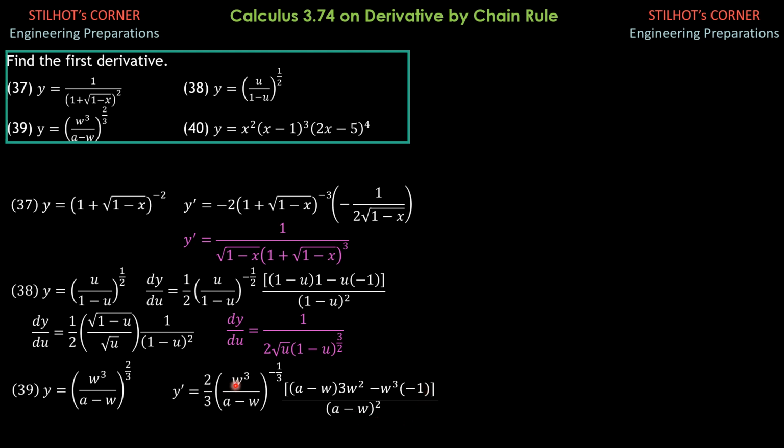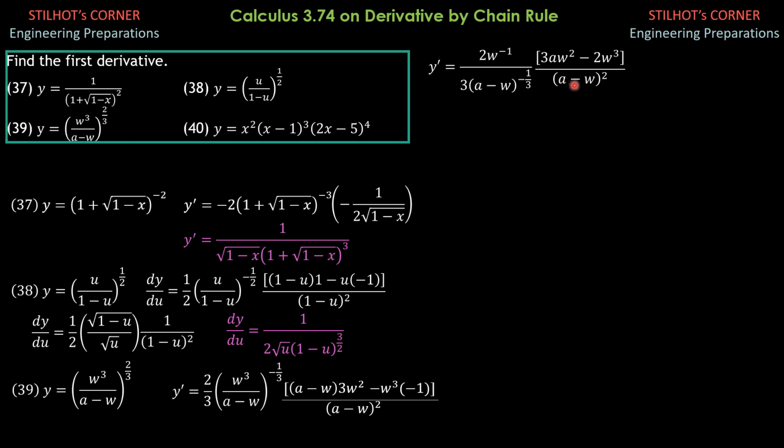So simplifying, this is 2/3, then w to the negative 1, then denominator a minus w to the negative 1/3. Then here we simplify, this is 3aw squared, so times quantity 3aw squared minus 3w cubed plus w cubed, so 3aw squared minus 2w cubed, all over a minus w squared.